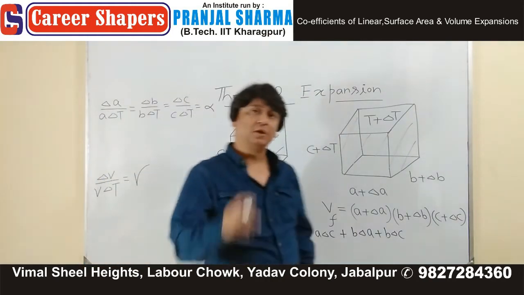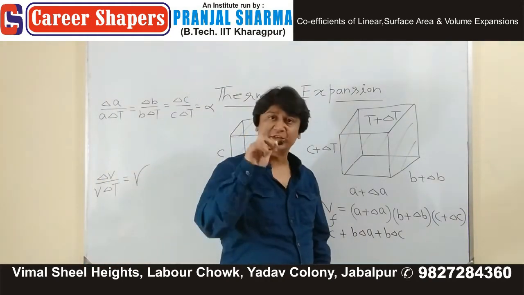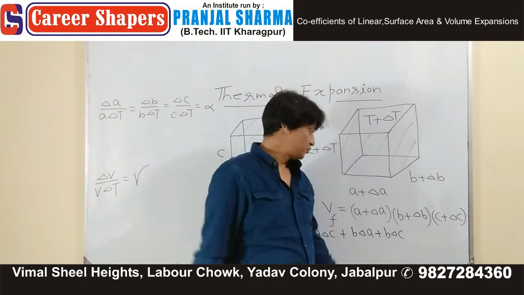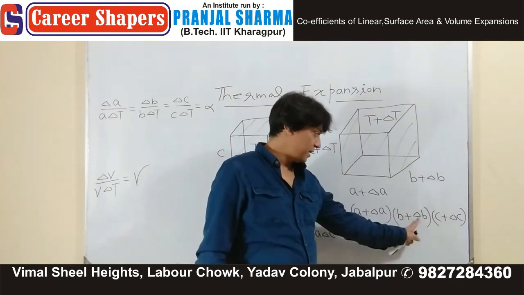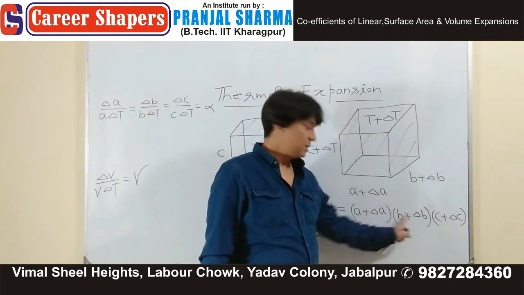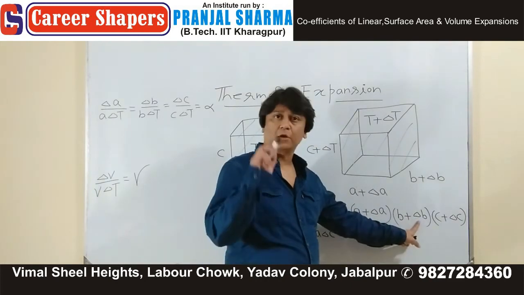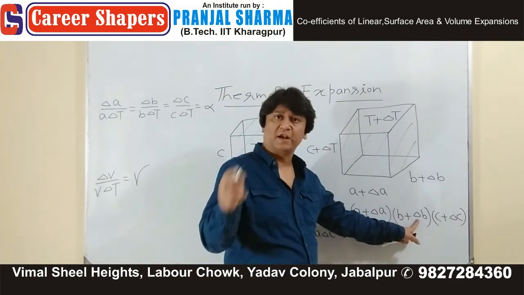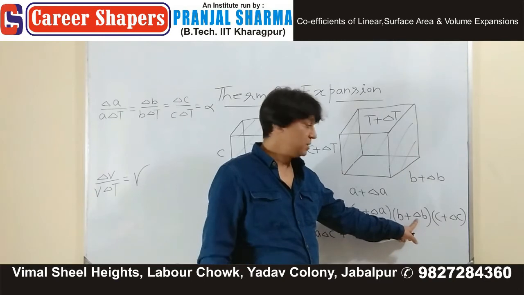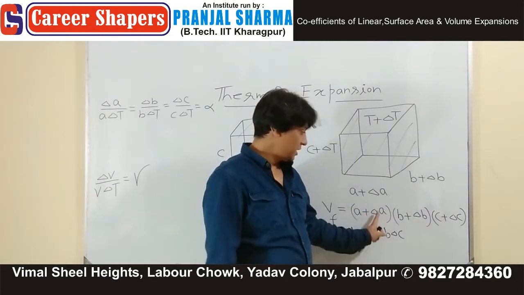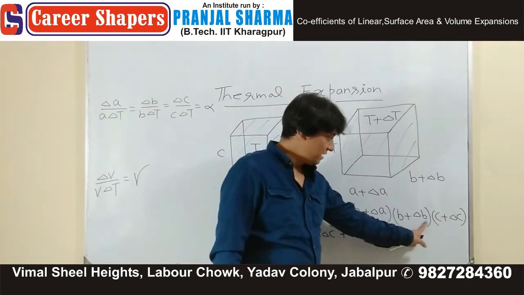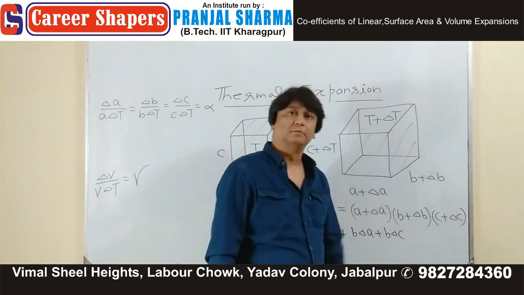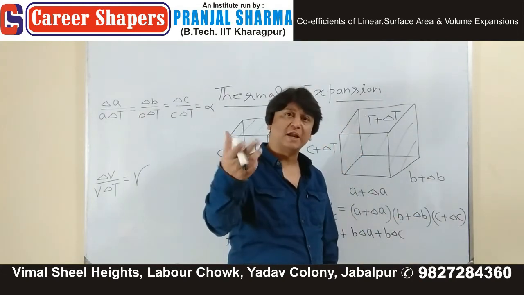The other ones are quite negligible, the things we are not interested in. We'll save time this way. Look at this. Delta A into delta B, there are two terms of dx and dy. That's negligible. Similarly, when you go for dx into dy into dz, those things are again negligible.